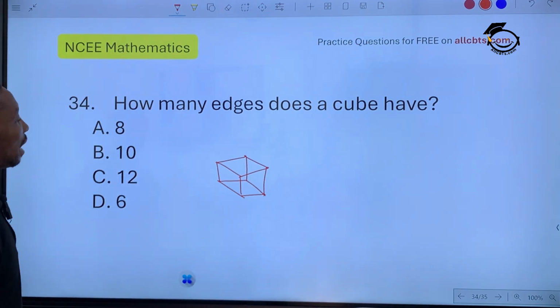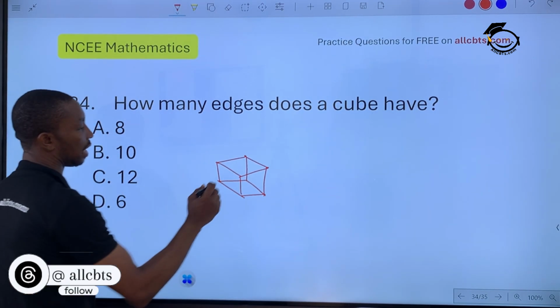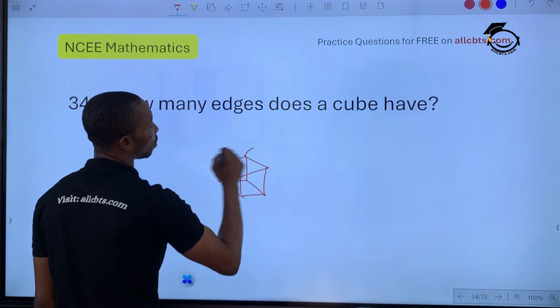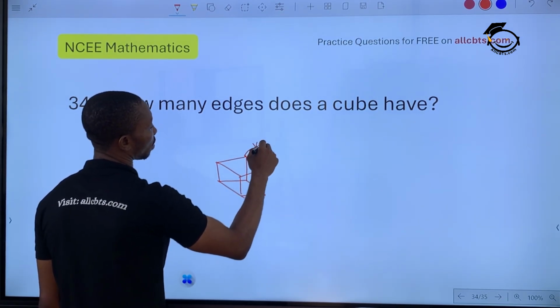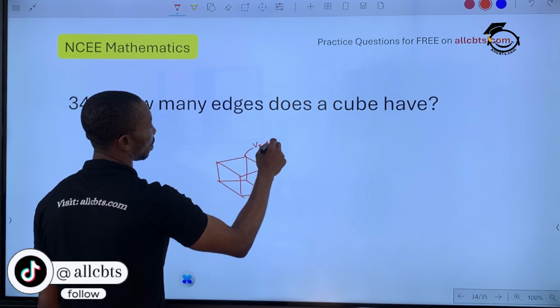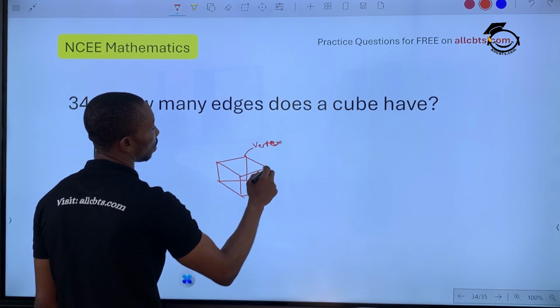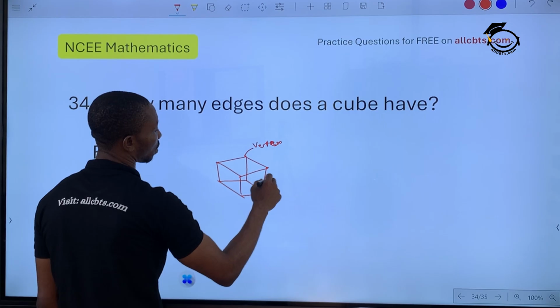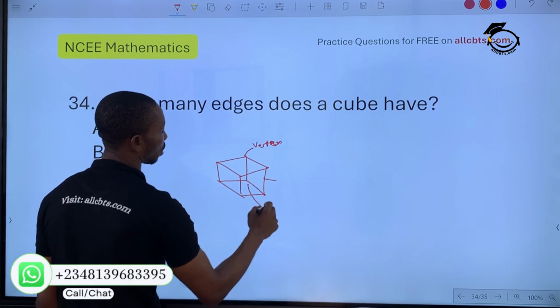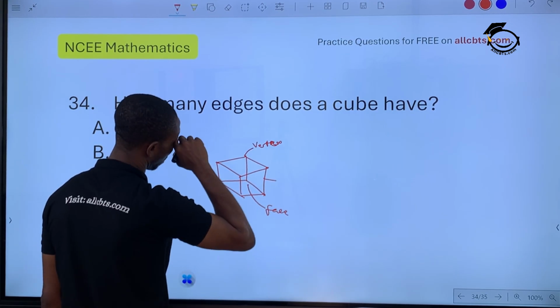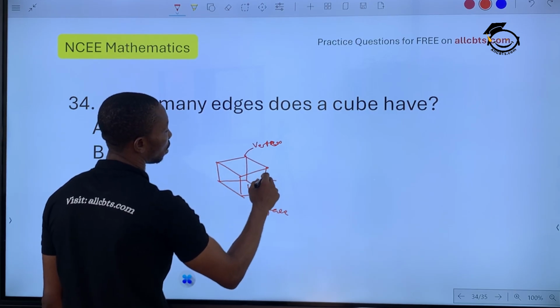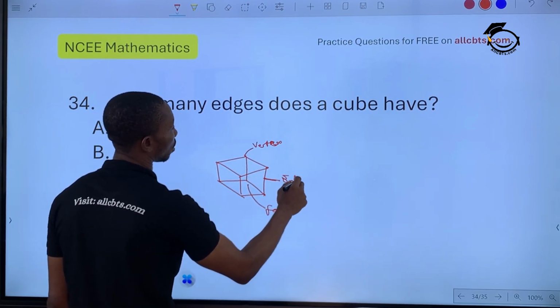Now, looking at a cube, this is called a vertex point. This is called our face, and this is called the edge.